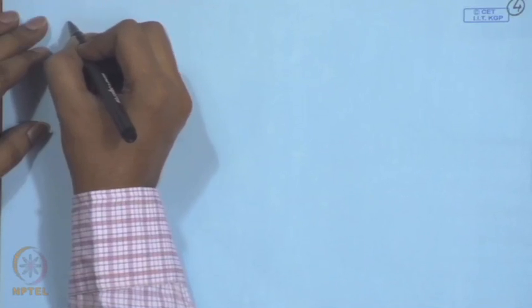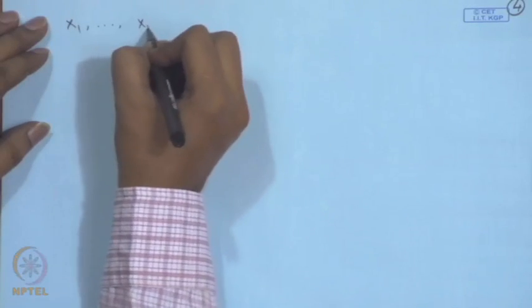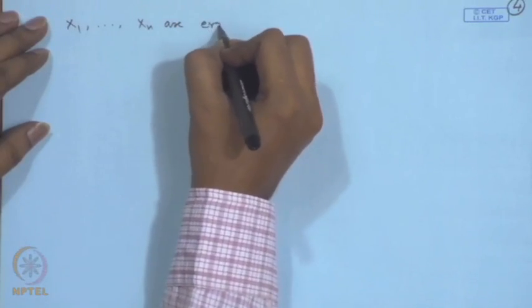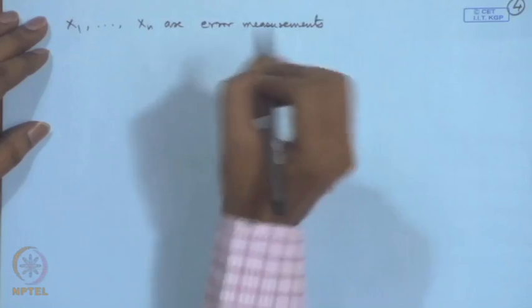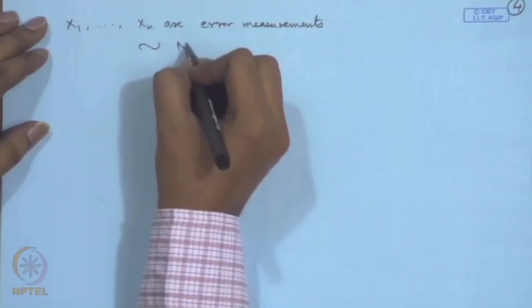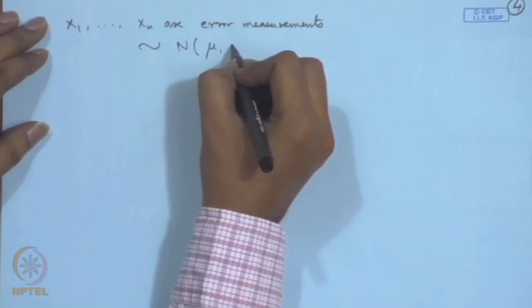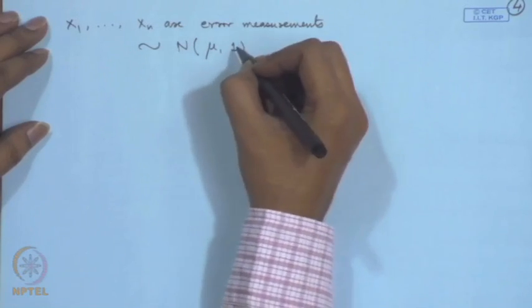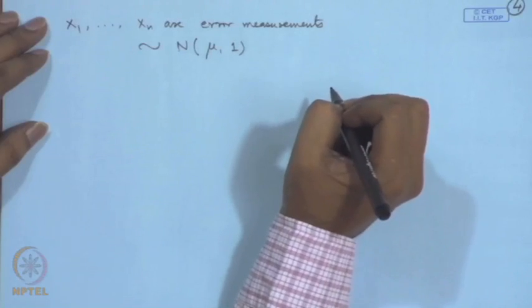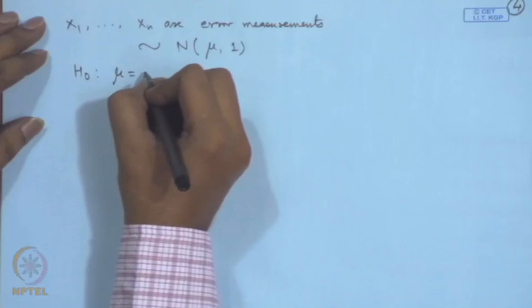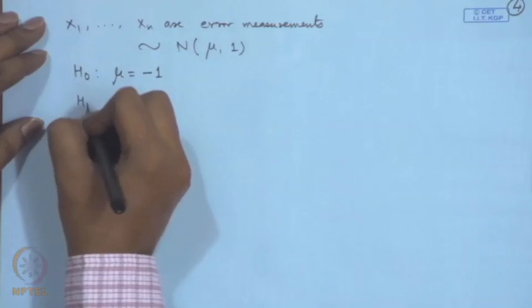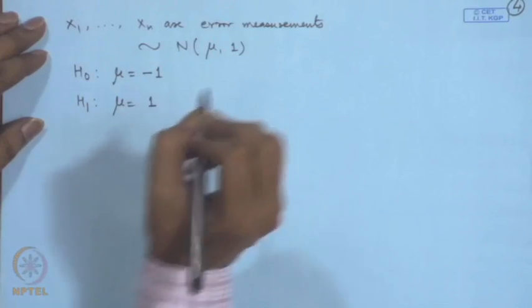Let me introduce one problem. Let us consider the same setting where x 1, x 2, x n are error measurements, and we are assuming that they follow normal mu 1 distribution. Here I am assuming that sigma square is equal to 1. We want to test whether mu is equal to minus 1 against mu is equal to plus 1.